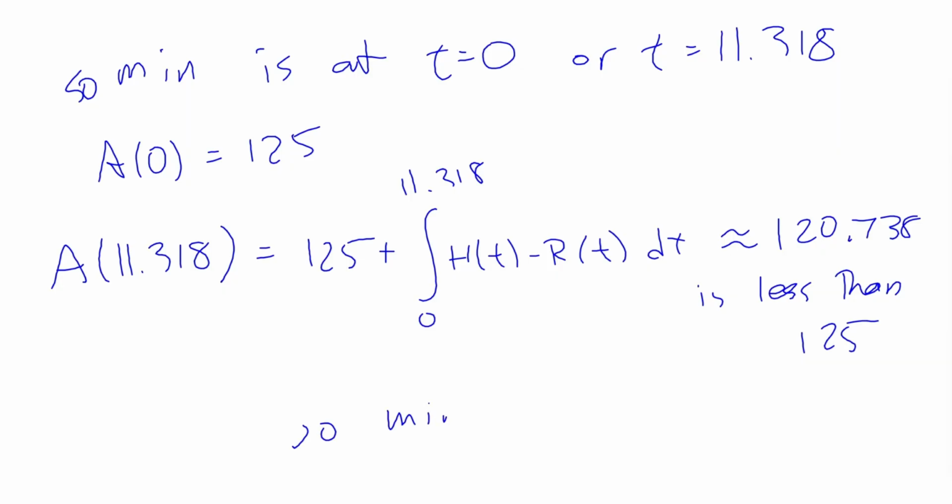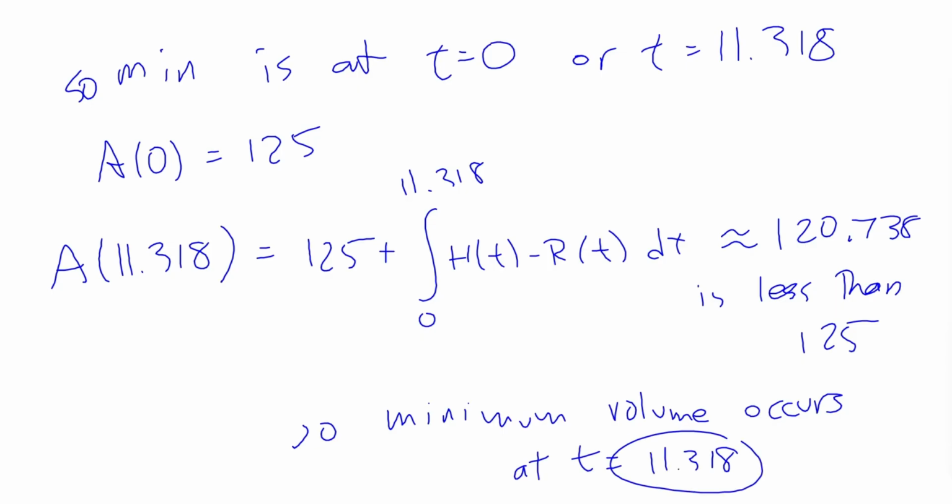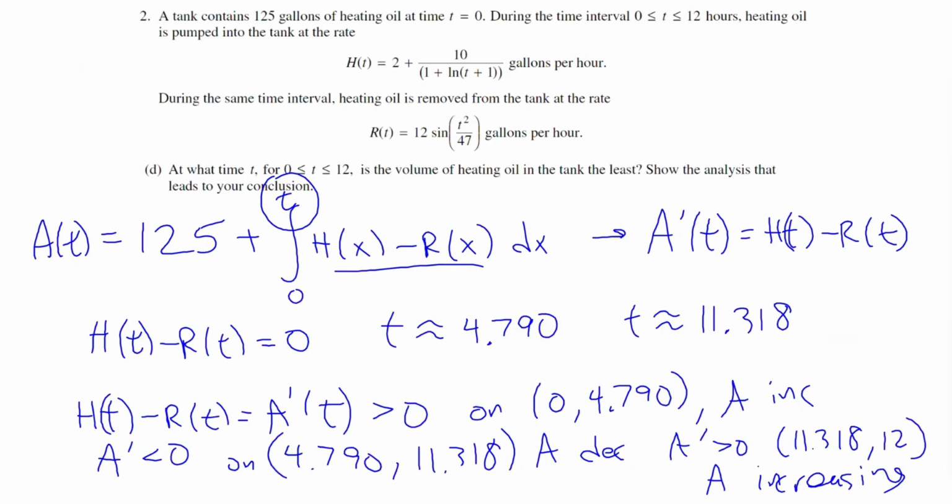So the minimum volume occurs at t equals 11.318. And we got 4 points there for that. We got 1 point for just setting h minus r equal to 0, right here.